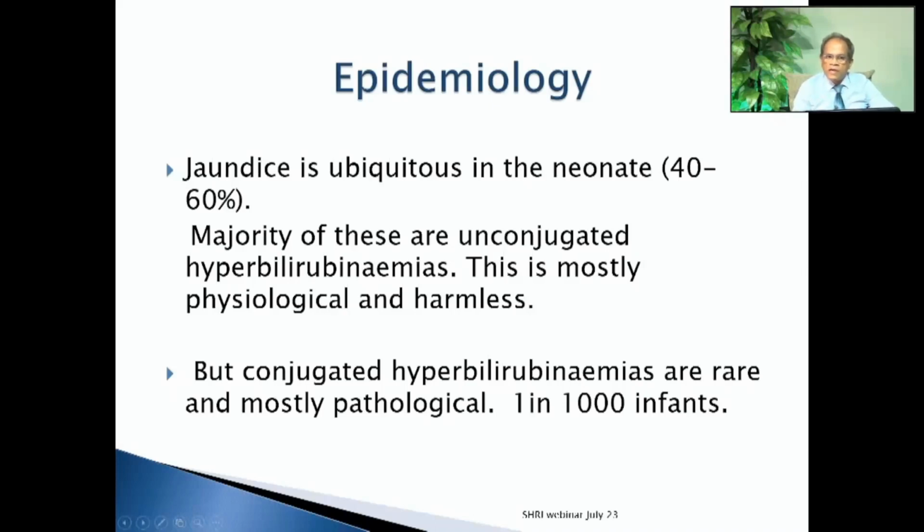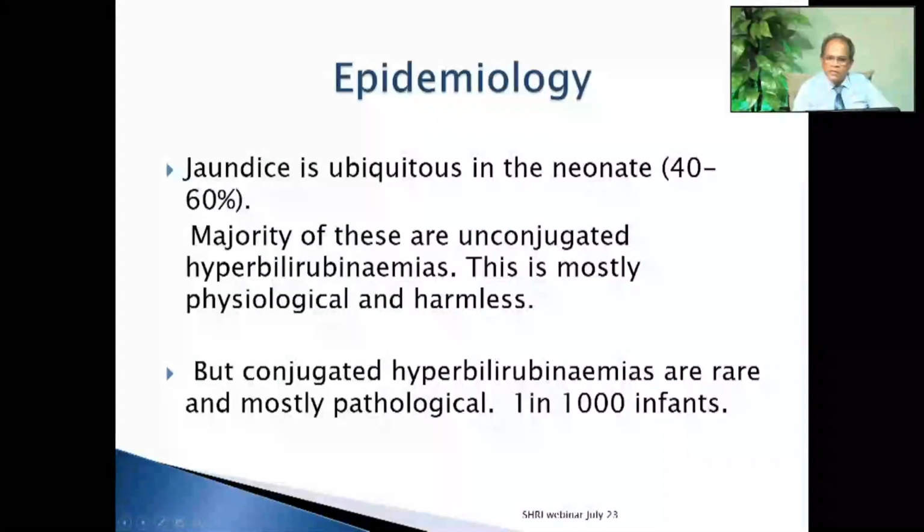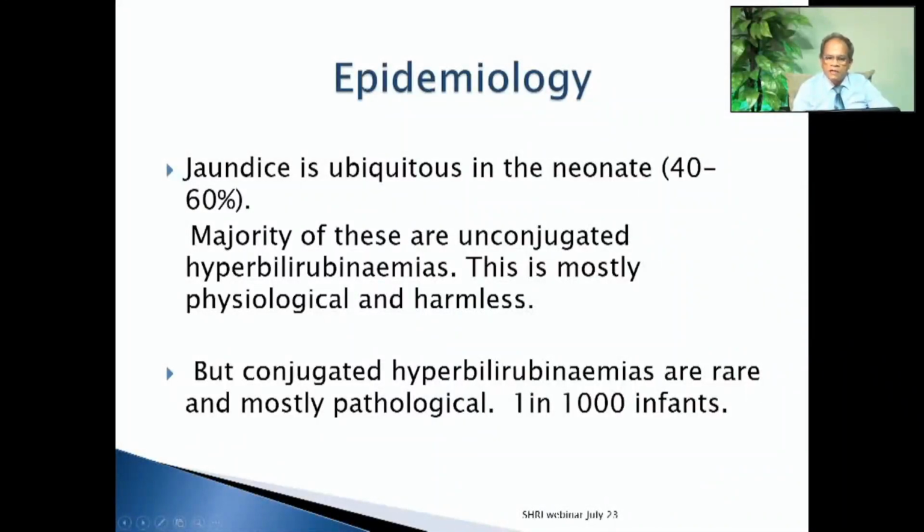On the other hand, conjugated hyperbilirubinemia, that is cholestatic jaundice, is a rare entity, about 1 in 1,000. So in other words, if you have 1,000 babies, approximately 500 will have physiological jaundice, that is mostly unconjugated hyperbilirubinemia, and only 1 will have conjugated hyperbilirubinemia or cholestatic jaundice.